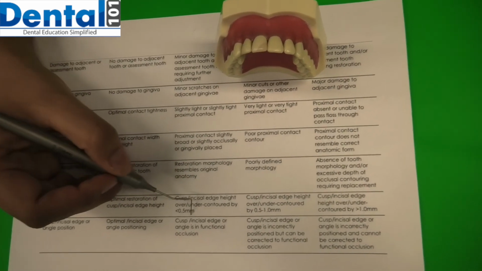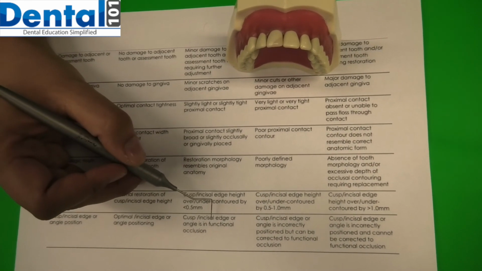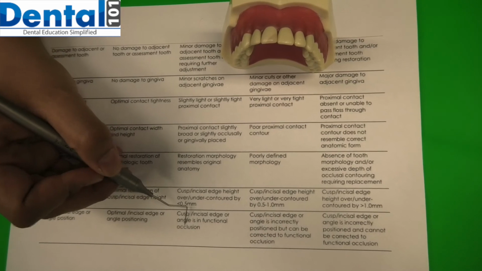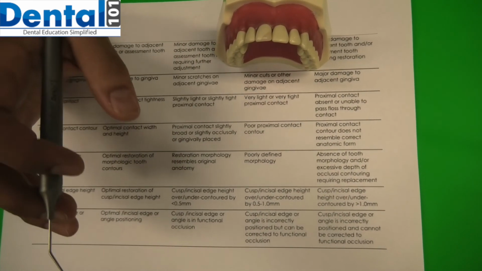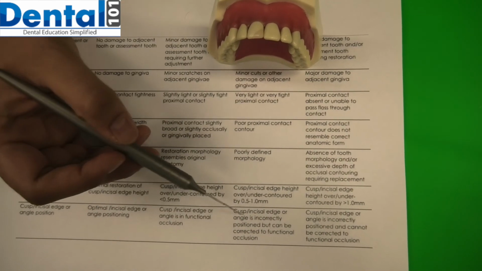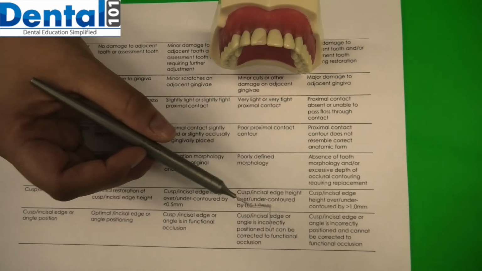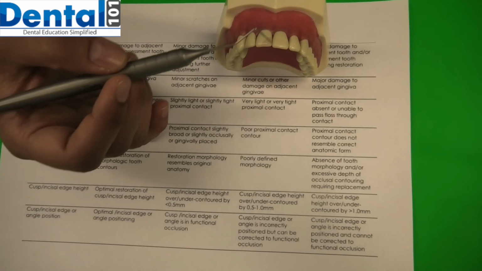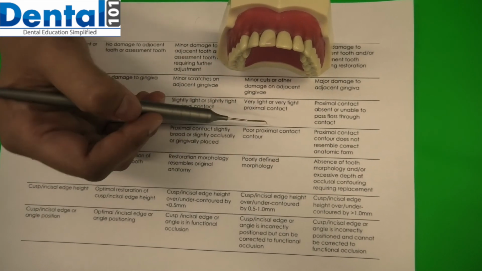But if your incisal edge is in functional occlusion but anatomically is not at the right position, then it will go into satisfactory. But if it's incorrectly positioned but can be corrected by doing a little bit of finishing, then it will come under borderline.